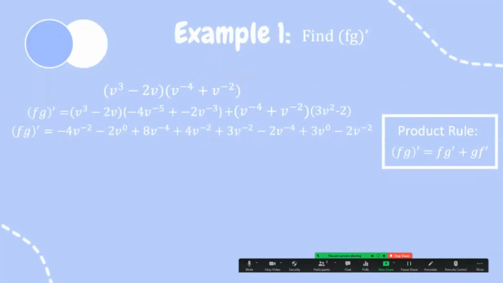Okay, now I'm going to simplify and rewrite. So you can rewrite all the negative exponents as a fraction.